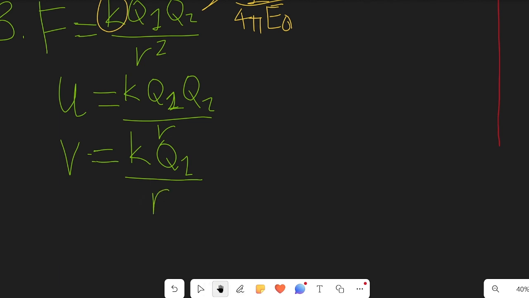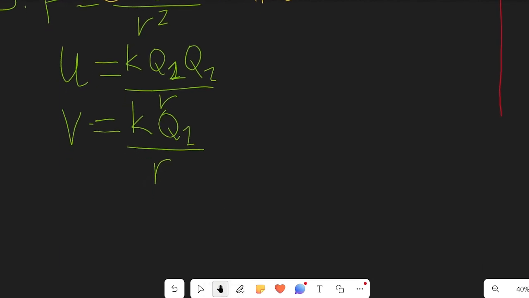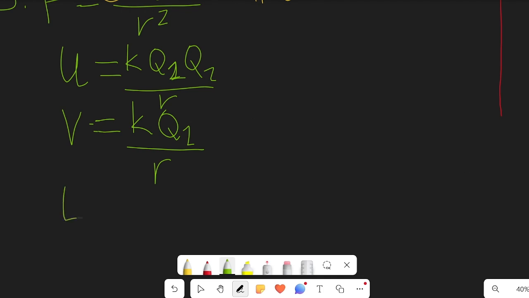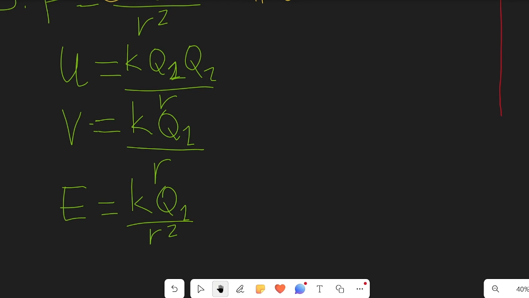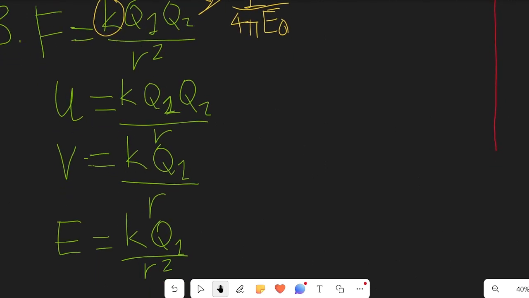And our last variation was for electric field, where electric field equals the Coulomb constant times Q1 over R squared. You can see that for each one of these, we take the original Coulomb's law equation and essentially omit one of the variables, whether that be one of the distances or one of the charges.